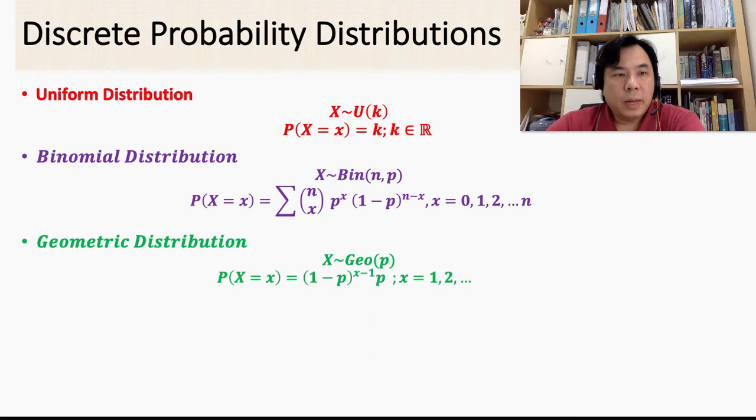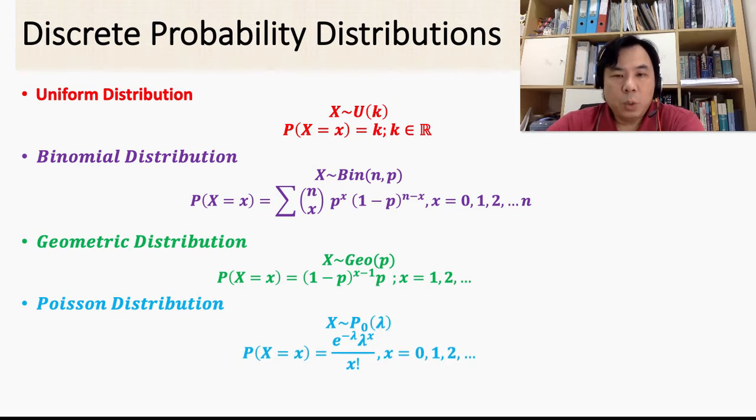And then lastly, we have the Poisson distribution. It can be represented as Po with a single parameter, lambda. Its probability mass function is given by e to the negative lambda, lambda to the power x, over x factorial. Poisson distributions are usually used to study the occurrence of certain events over a certain period of time.